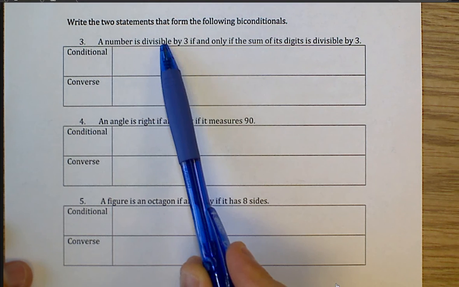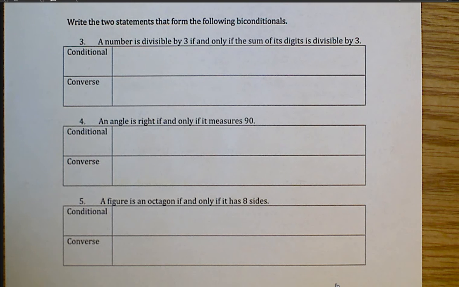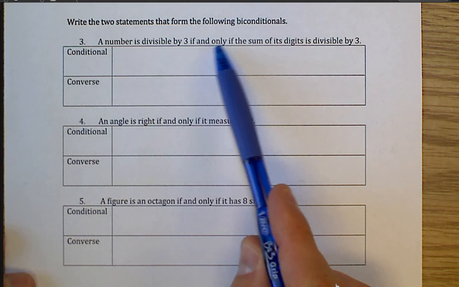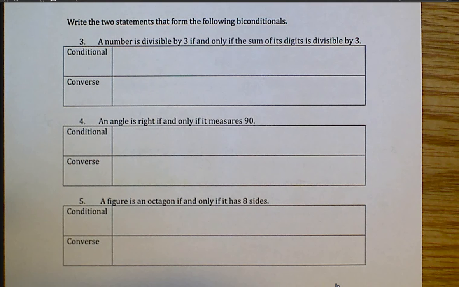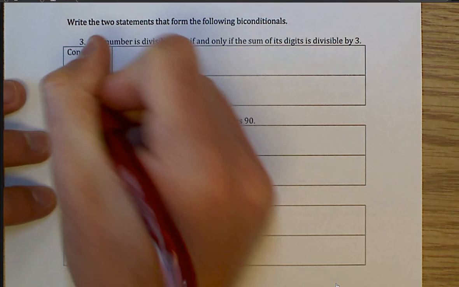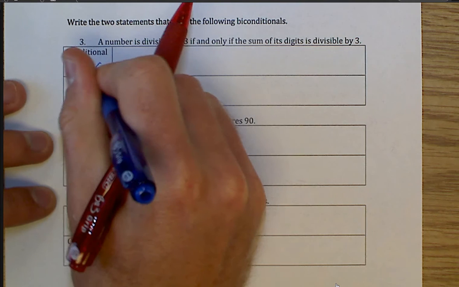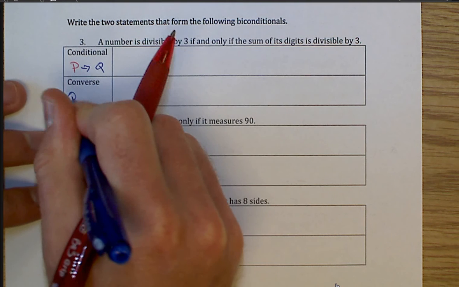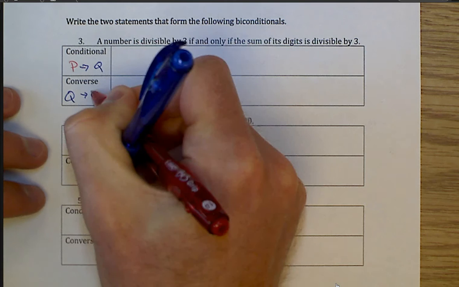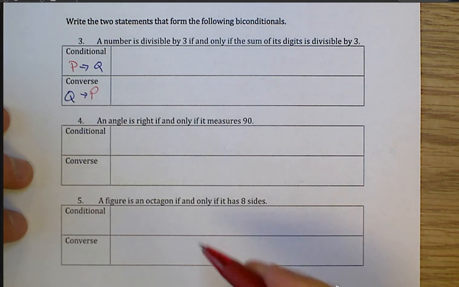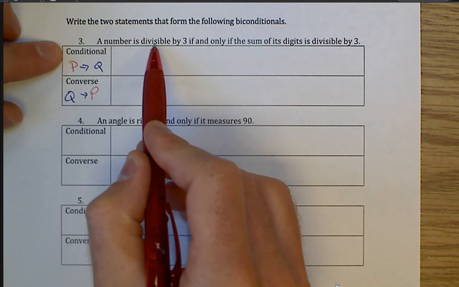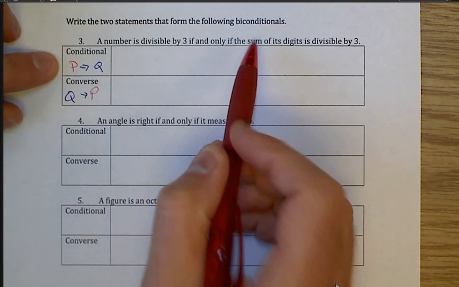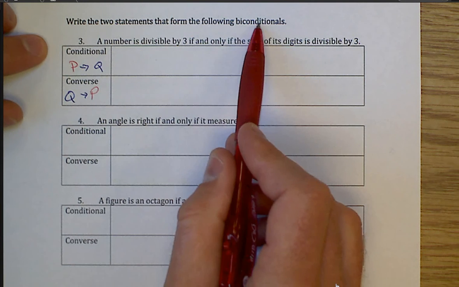So here's number 3. A number is divisible by 3 if and only if the sum of its digits is divisible by 3. So the conditional statement, remember, always goes P implies Q. Your converse is always Q implies P. So you're just trying to pick out what is your hypothesis, what is your P, and what is your Q. Remember that a biconditional statement is just like your conditional.